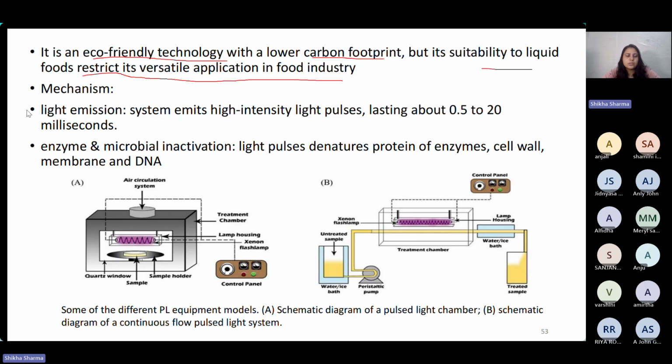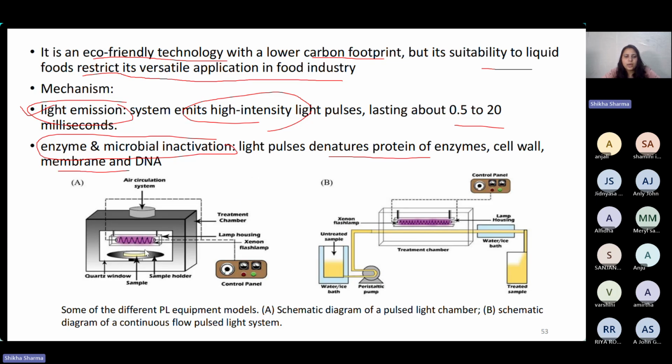It is an eco-friendly technology with a lower carbon footprint, but it is suitable only for liquid food, which restricts its versatility of application in the food industry. The mechanism works through light emission and enzyme and microbial inactivation. It emits high intensity light pulses of about 0.5 to 20 milliseconds that denature the proteins of the enzymes, cell wall, membrane and DNA.